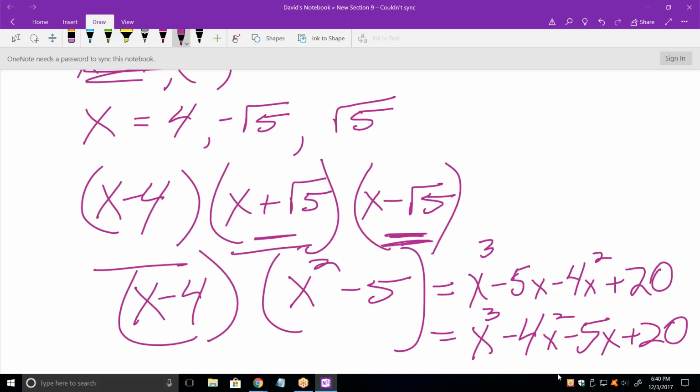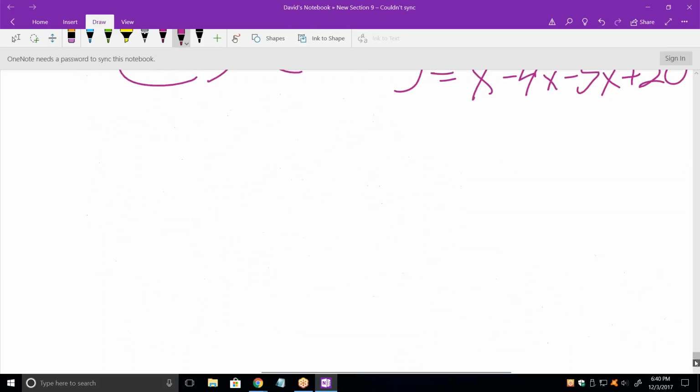Now, when these two multiply together and give you a trinomial, like an earlier problem, I still like multiplying those two together first. And the reason is, to me, I would rather multiply binomial by trinomial.